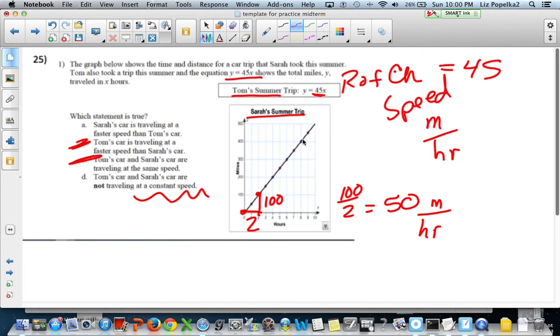The fact that hers is a straight line means that she has a constant rate of change. So she's driving at a constant speed, and he is also driving at a constant speed, because this tells you that every single hour it goes up by 45 miles. So that can't be right either. So we're going to stick with A. Sarah's car is traveling at a faster speed than Tom's.